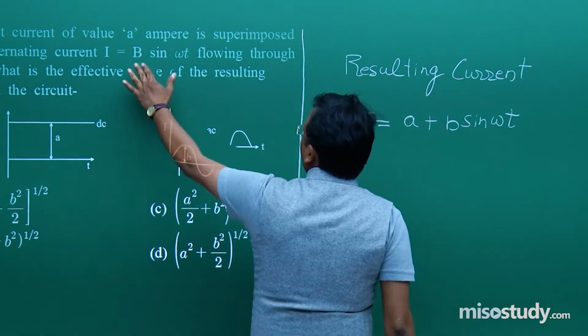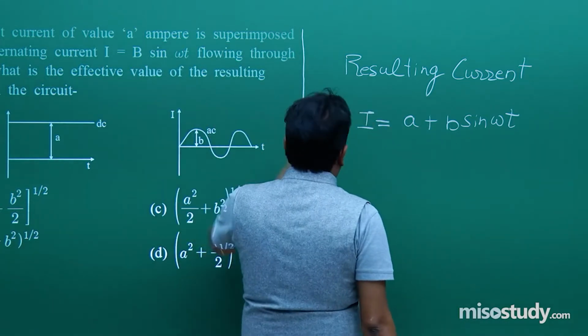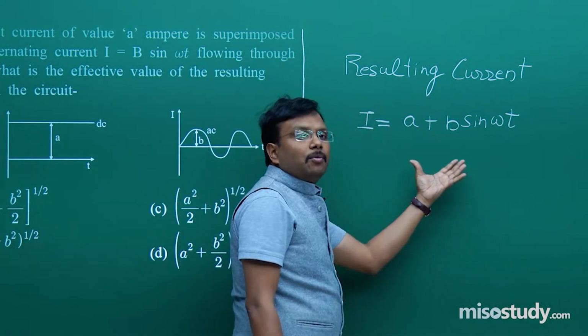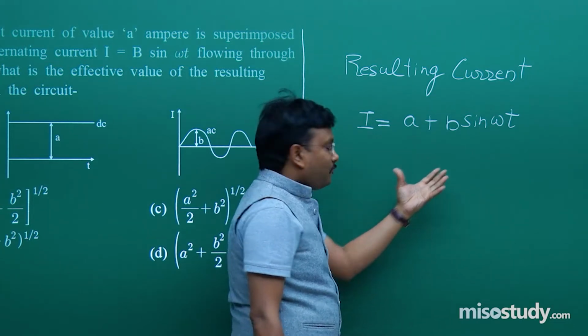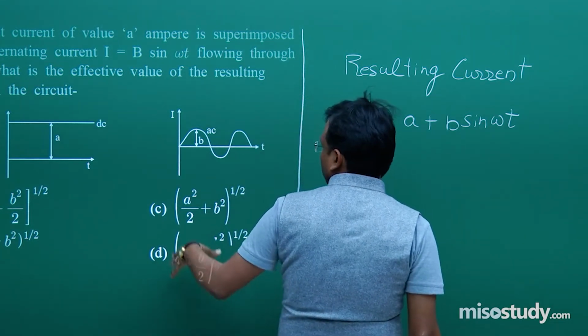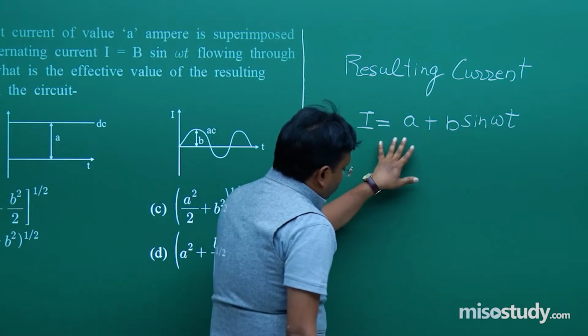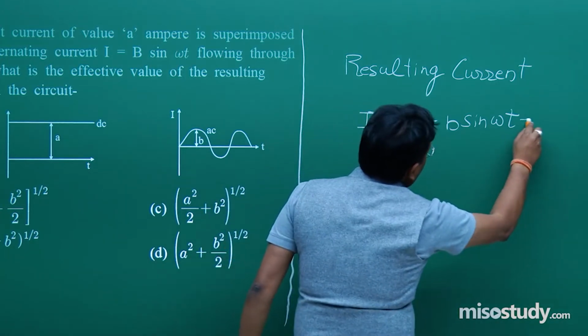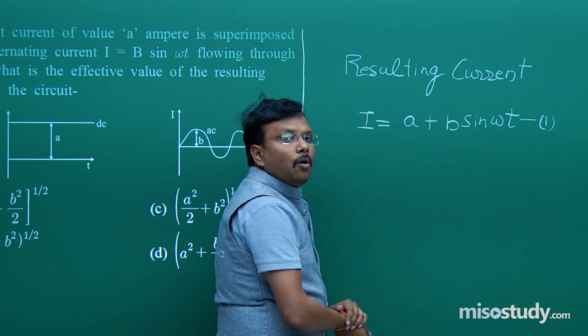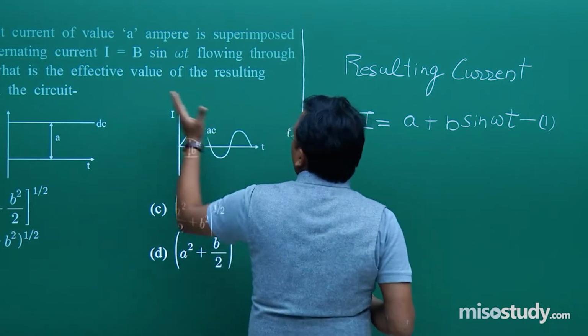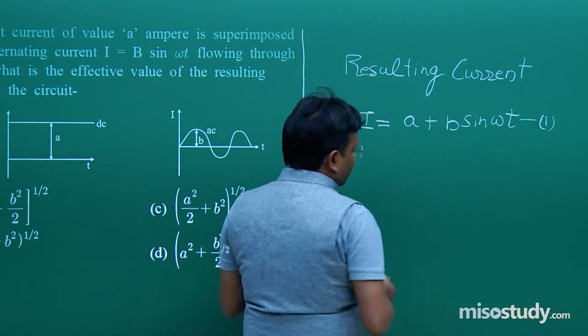This is a capital B, small b, whatever you want to put. Here I am just providing a symbolic representation of the solution. So I equals A plus B sin omega t. Let us say it is equation number 1, our general equation. You can write it like A plus capital B sin omega t, no problem.